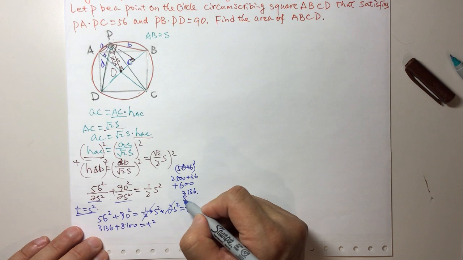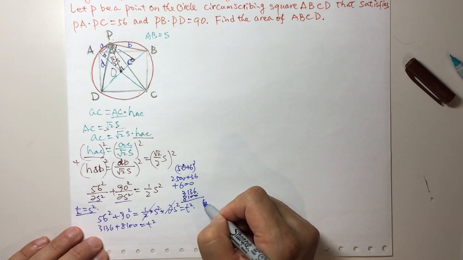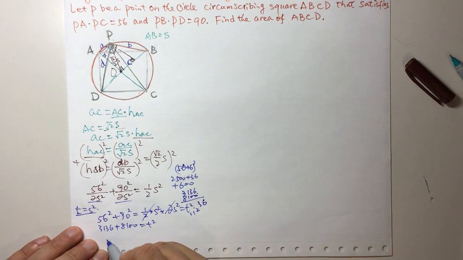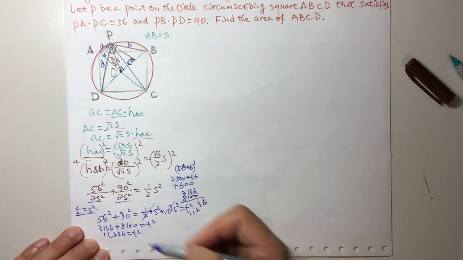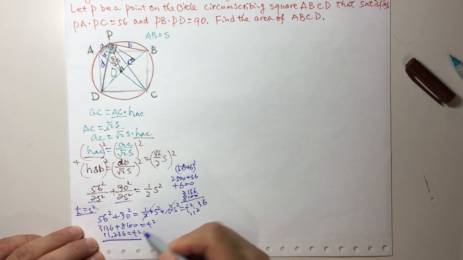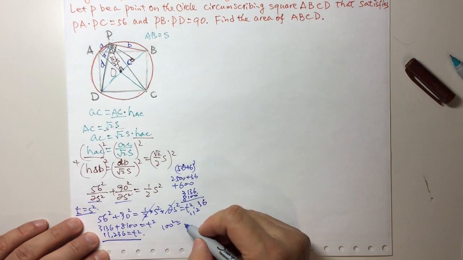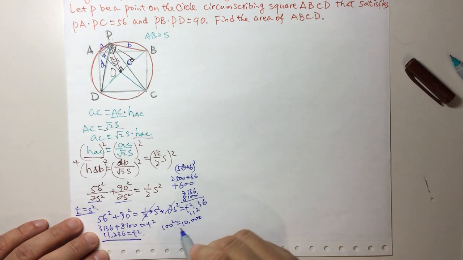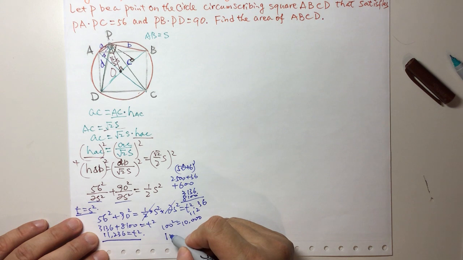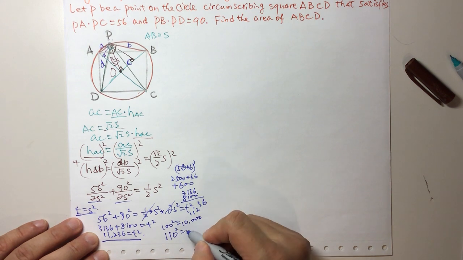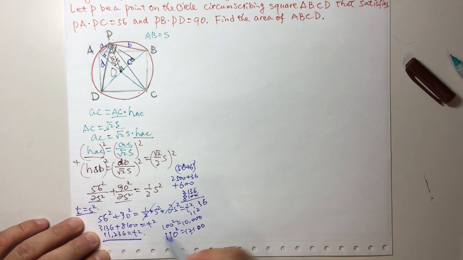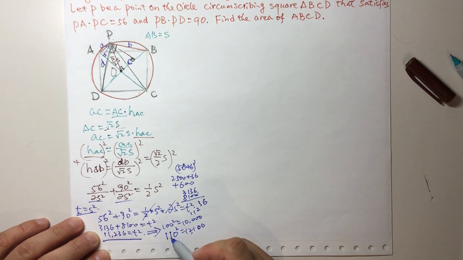So how much is that? 11,236 equals t squared. Now we can guess: 100 squared equals 10,000 and 110 squared is 12,100, so t must be between 100 and 110.